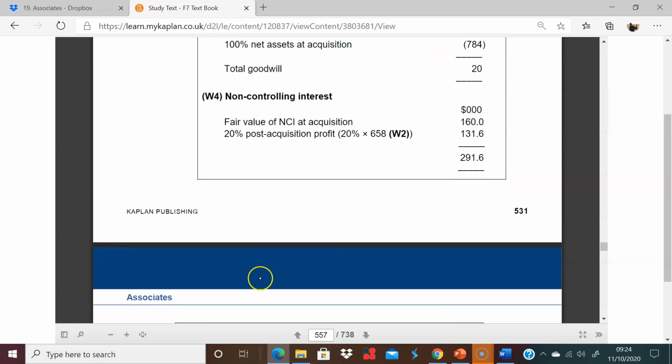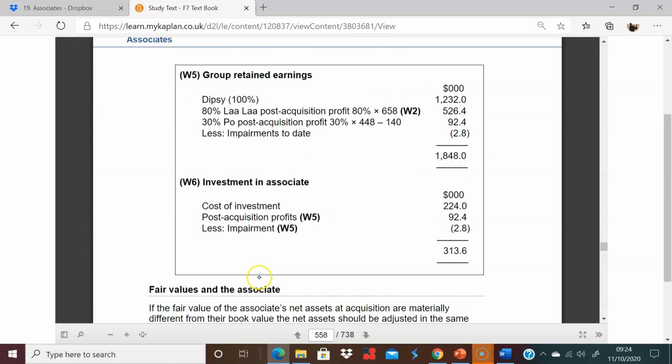So we can see here in working 6 that you have the cost of your investment sitting there. Then you debit your investment again with 92.4, and you credit your income statement. They're only showing the statement of financial position here, which is why you see me just debiting my investment. And of course, that's an impairment, literally, which is now credit the investment and debit the earnings, right?